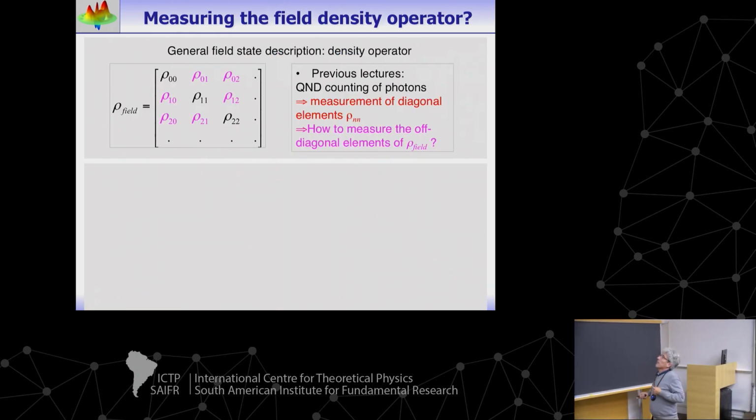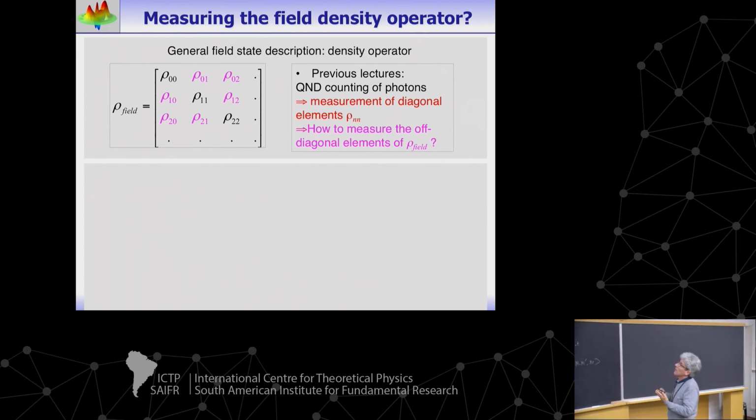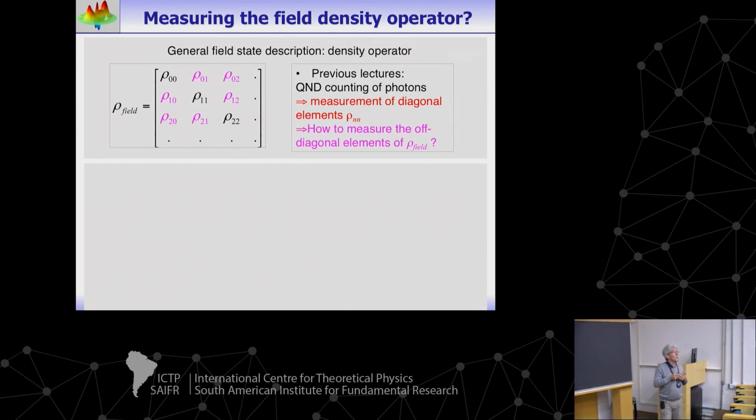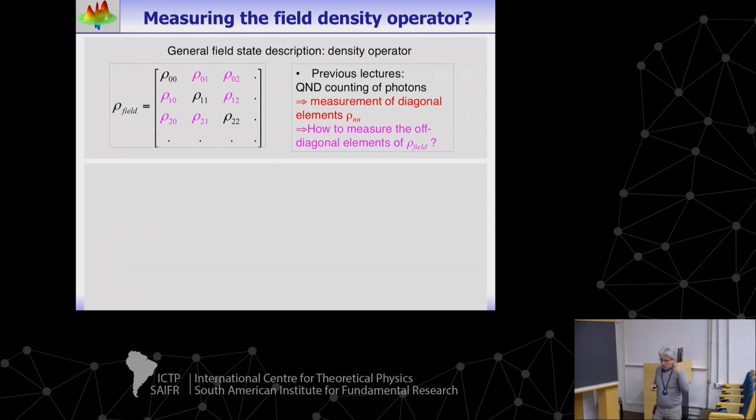So you have to find something better than just inverting a matrix. And indeed, what we'll do is to use the measurement in a better way. Which kind of measurement can we use to extract information about the density operator of the cavity? Indeed, we use the information we get by quantum non-demolition photon counting.